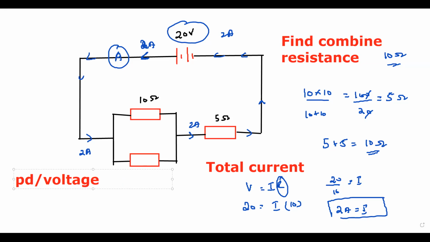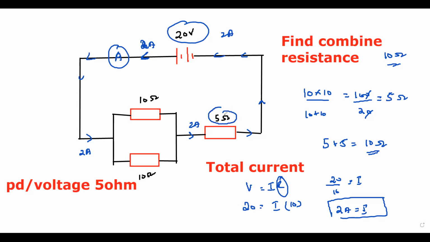So voltage or potential difference of the 5 ohm, how can we work that out? We have the formula V equals IR. We know the resistance is 5 and the current is 2. So V equals IR, current is 2 and resistance is 5. 2 multiplied by 5, so that's equal to 10 volts.